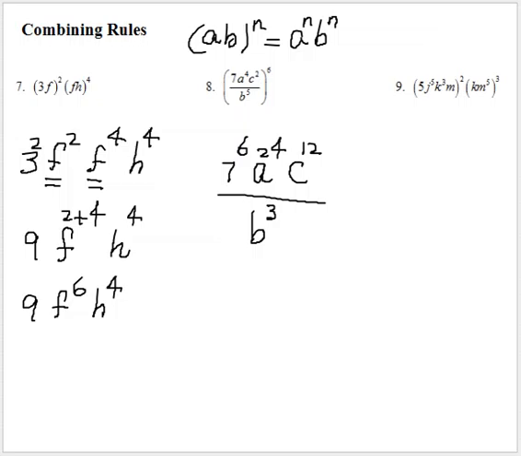Okay, can I see a check mark next to your name if you can follow up till this point? The question is, can I combine these? Barbara, are you okay with this so far? We're just raising each of these to the power of 6, and the exponent for 7 is 1. Very good. Now, yes or no, can I combine these?